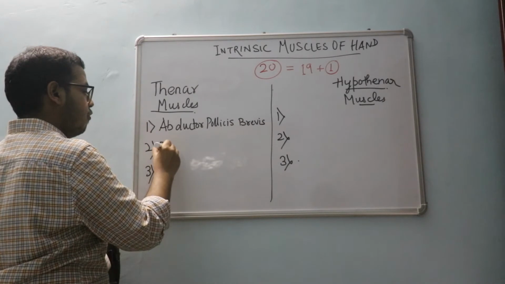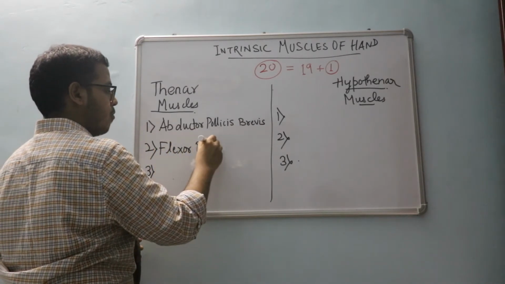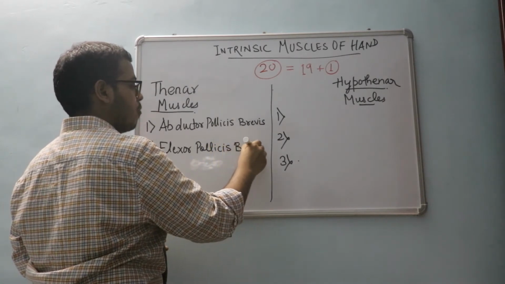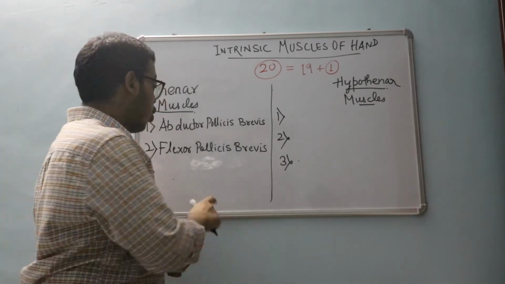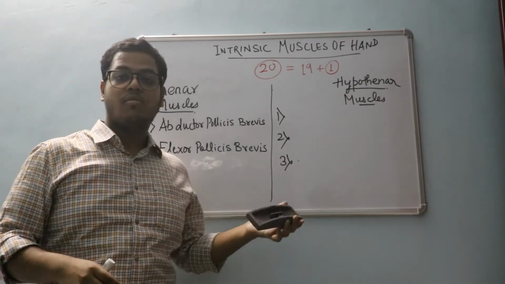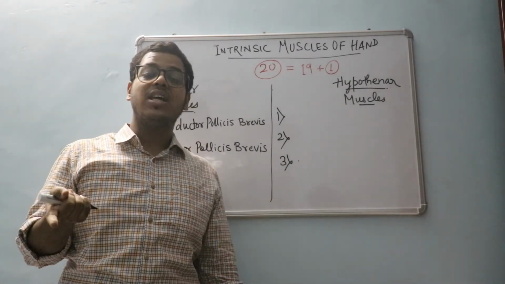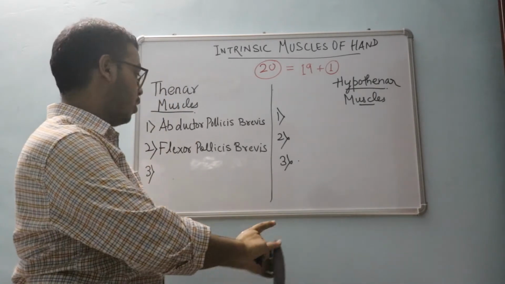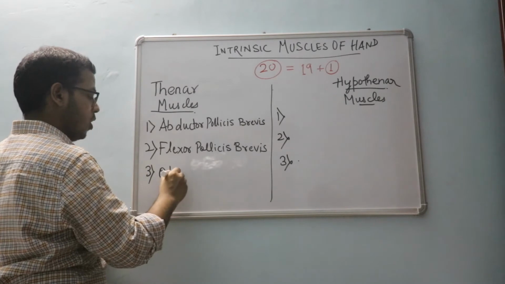Next is the flexor pollicis brevis. Because we already have a flexor pollicis longus, we cannot again name it flexor pollicis only. We have to name it flexor pollicis brevis because we have a longus, which is an extrinsic muscle and is coming in the flexor compartment. Okay. The last one is the opponens pollicis.